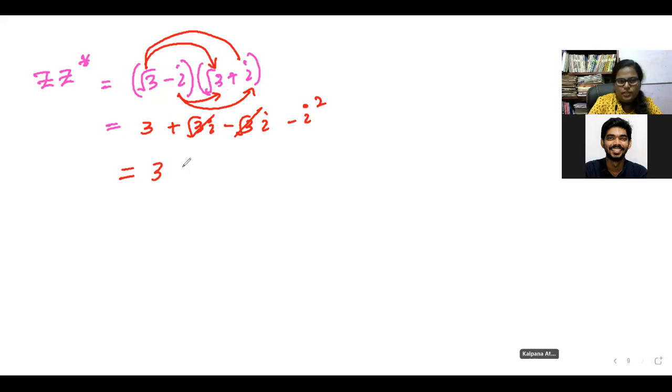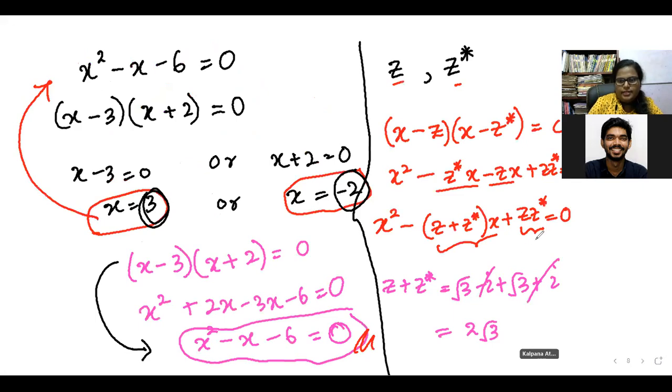of difference between two square terms. So we can take this one as i square. So this one is 3 minus 1, so it is 4. So we have shown that z z star is also equal to 4.